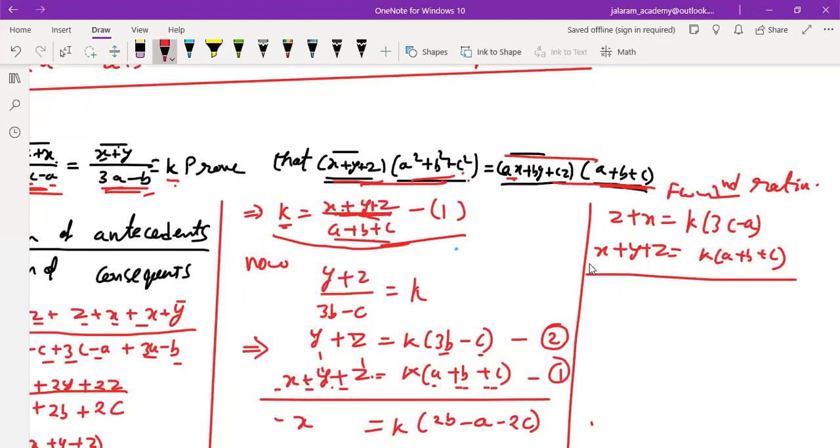And when we again subtract, minus, minus, minus, so z cancelled out, x cancelled out, there will be only minus y, k is common. So 3c minus c is 2c, minus a is minus 2a, minus b. Multiplying both sides by minus 1, we are following the same method, so y equals k into 2a plus b minus 2c.